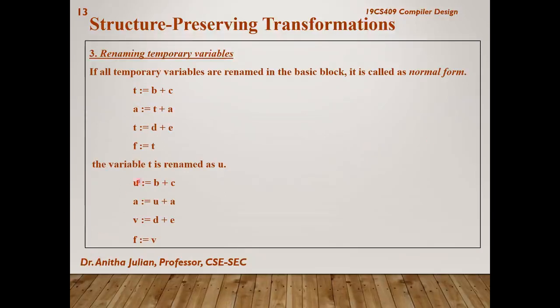So this T is named as U. This T is used here, so we can use U here. And this T is named as V. So we are just trying to avoid confusion and memory conflicts. This is also a structure preserving transformation. The structure of the code is not changed. We are just transforming it into a different code, but the original meaning and structure is not changed.